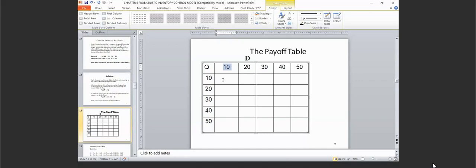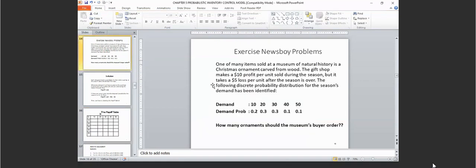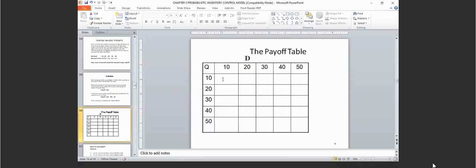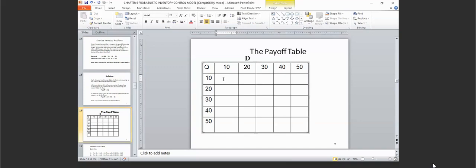Jadi kita akan darab dengan RM10 profit kita kan. Dia kata di sini RM10 per unit, iaitu profit bagi hasil jualan kita. Maka di sini 10 darab dengan 10, jadi kita akan dapat 100.